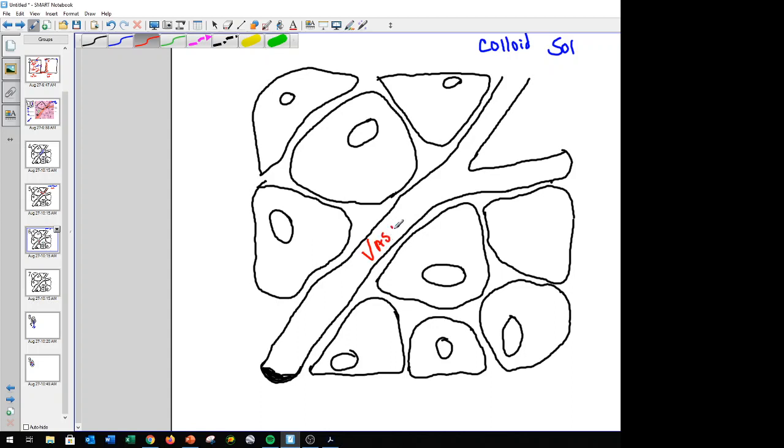Here's our vascular compartment. It cannot transfer out. It has a high osmolarity, so it's going to be putting a lot of pressure on the walls here. It draws fluid from the interstitial spaces. It's going to draw fluid in.